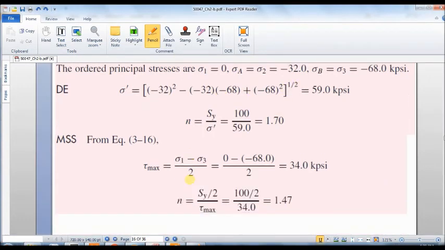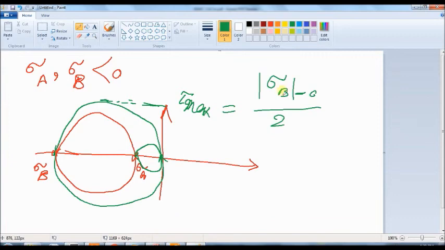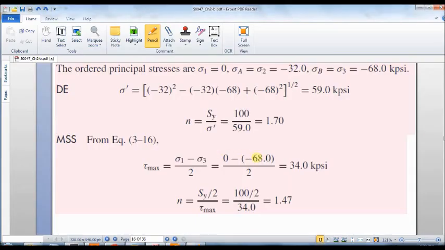Or in another way you can write this way, 0 minus negative, where again here is the maximum absolute value, because minus times minus will be positive. Either you can use my method that I wrote here, maximum absolute value minus 0, or you can write in this way. It doesn't matter. So you will find the maximum shear stress.